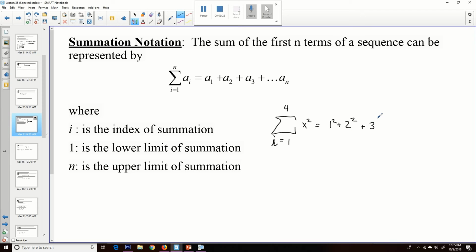When I plug in 3, I get 3 squared, and then I plug in 4, I get 4 squared. I stop because I plugged in all the values from 1 to 4 into that function. So this is 1 plus 4 plus 9 plus 16. 9 and 16 is 25, plus 4 more is 29, plus 1 is 30. So that is that particular sum.